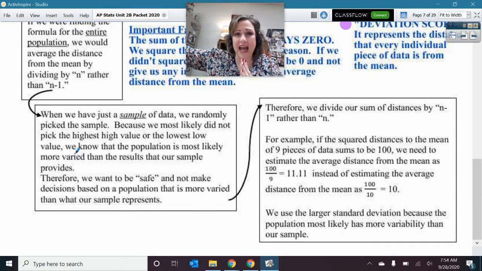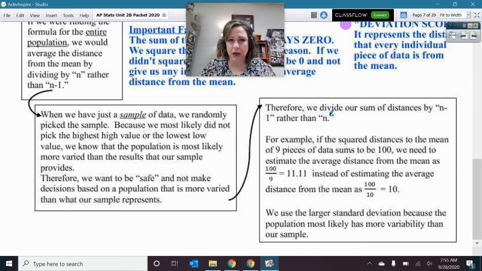I think the tallest student I have is 6'5". Well, anyway, in the population, there's probably somebody that's even taller away from the mean than my students. So that's more varied. Okay. So we have to account for that. And we have to say, okay, let's be on the safe side. So to be on the safe side, we're going to divide by n minus 1 rather than just n.